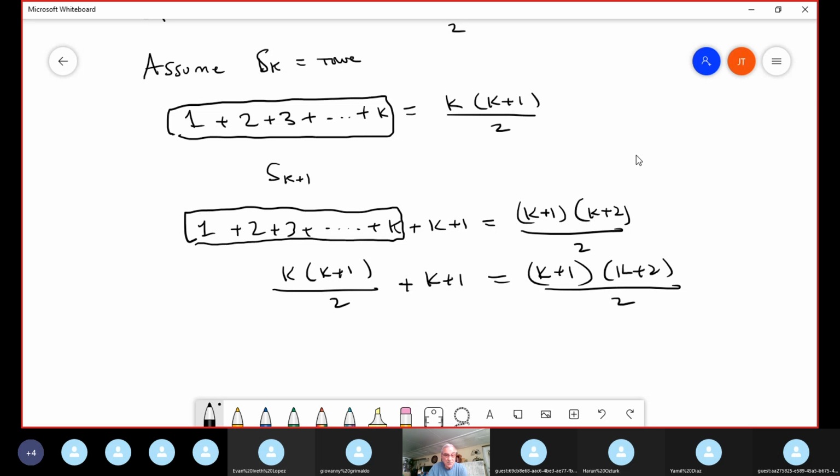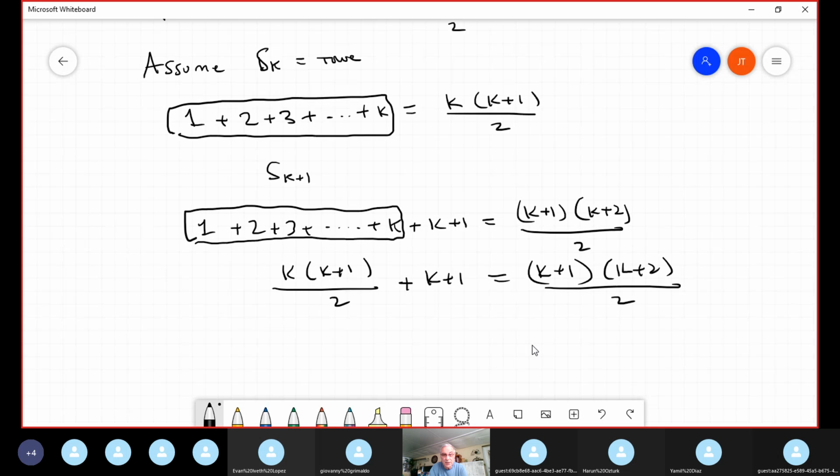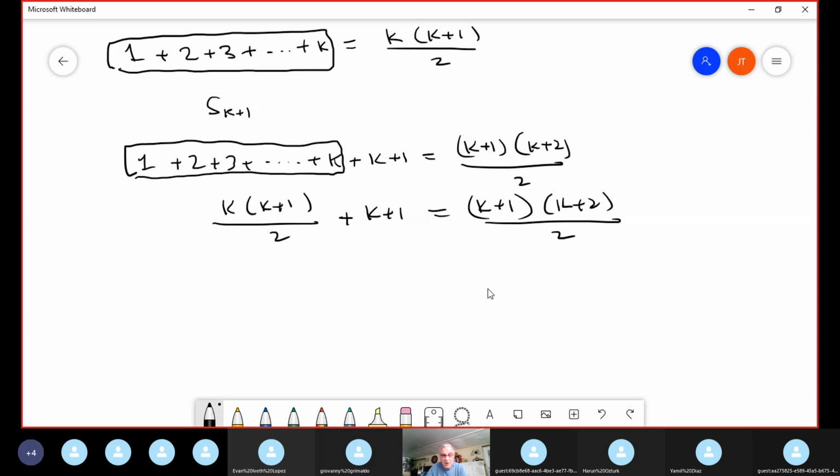Okay, now what should I do? Well, I condense this fraction, the only LCD is 2. So we have k times k plus 1 plus 2k plus 2, no?